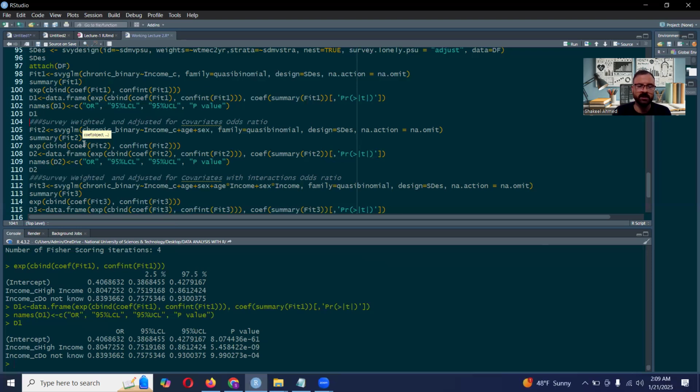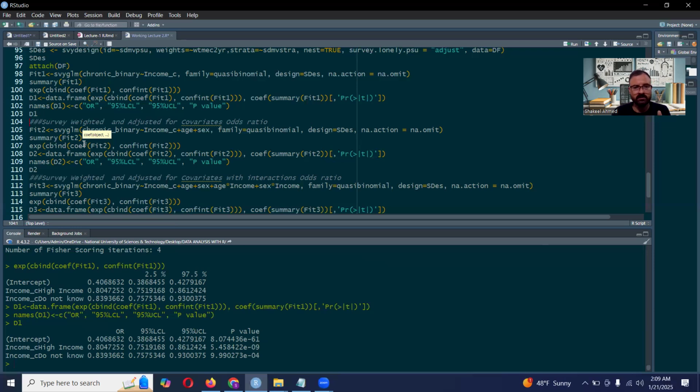These variables can have a confounding effect between income and chronic condition.